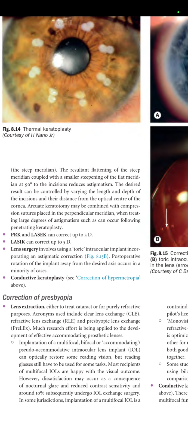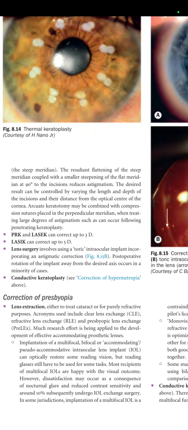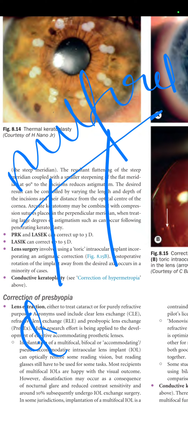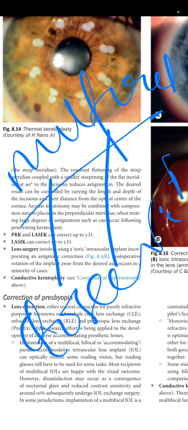Most recipients of multifocal IOLs are happy with the visual outcome. However, dissatisfaction may occur as a consequence of nocturnal glare and reduced contrast sensitivity, and around 10% subsequently undergo IOL exchange surgery. Basically, with a multifocal lens, whenever you see at a different distance, you have a different refractive power. To see at distance you need one refractive power, and to see near you need a different refractive power.